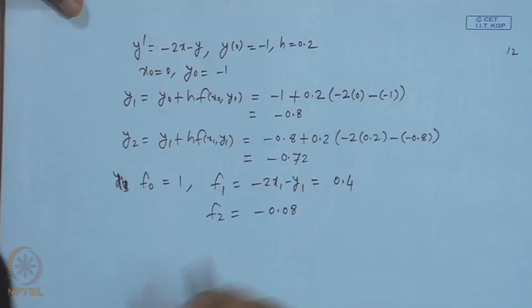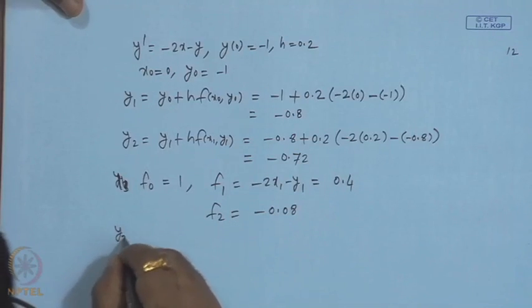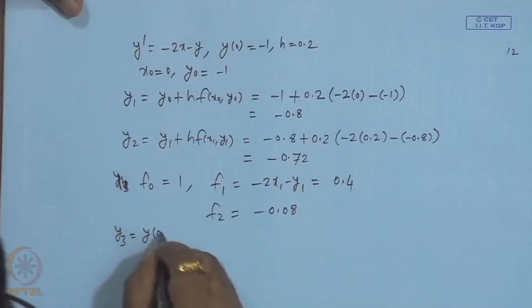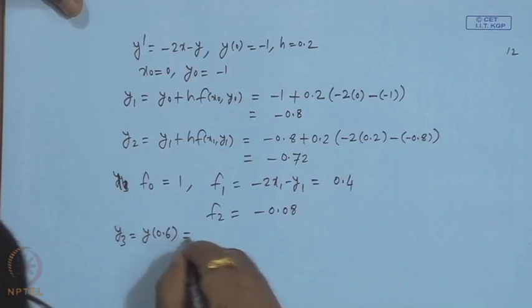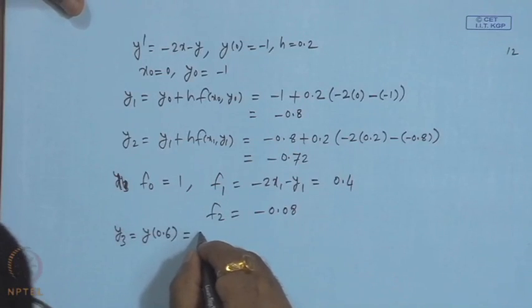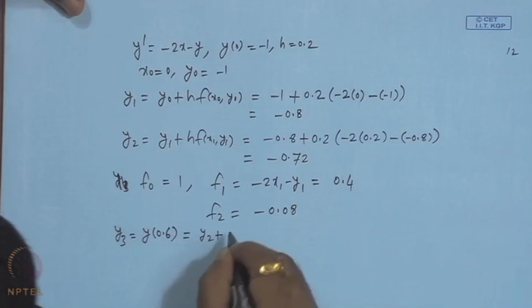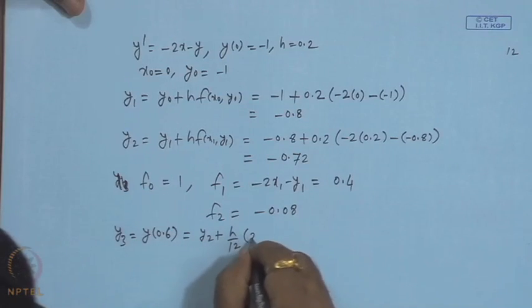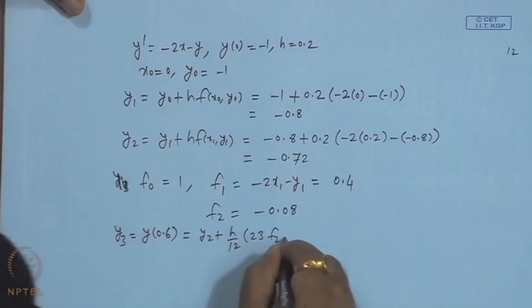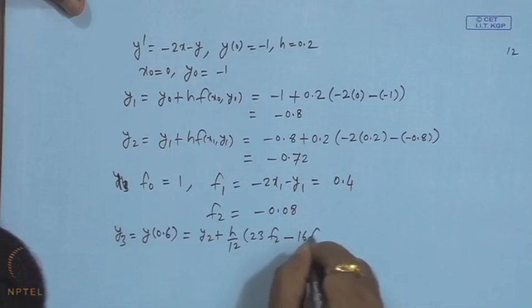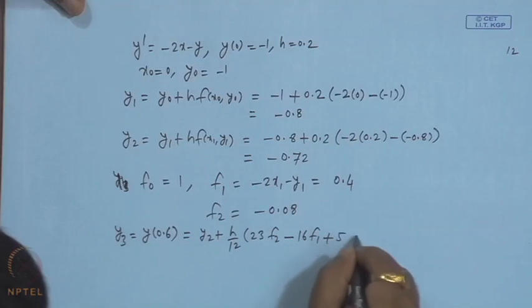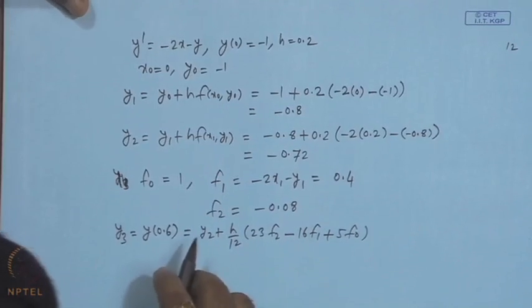Then y 3, which is y of 0.6, is given by y 2 plus h by 12 times 23 f 2 minus 16 f 1 plus 5 f 0.